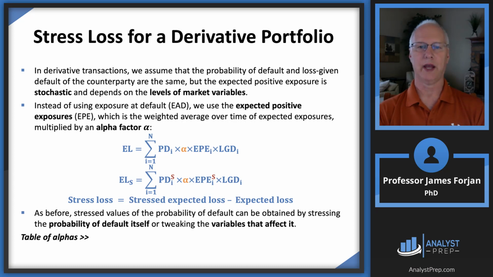So the one change between this expected loss for the derivative portfolio versus the loan portfolio is the substitution of that particular variable, right? And we're going to add an alpha factor to this. And the alpha factor, even though it is alpha, you can interpret it as a sensitivity.